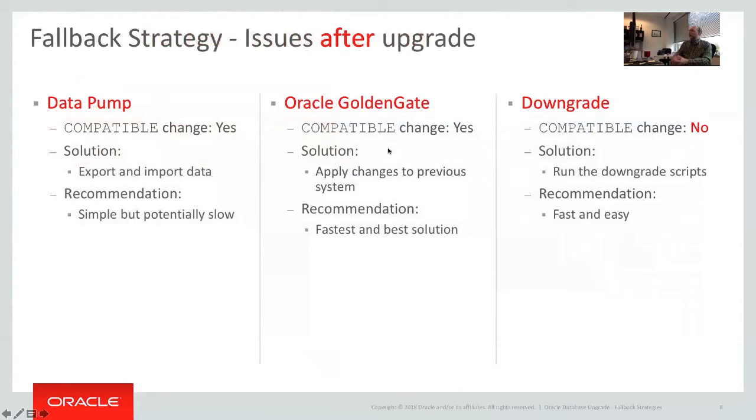Now, what happens if you have an issue after the upgrade? And again, I've had some experience with this long ago, almost 15 years ago, when I first started managing the upgrade and utilities teams. One of our customers, a large electronics manufacturer, had upgraded from the 10.2.0.2 patch set to 10.2.0.3, and they ran into an optimizer bug after that upgrade.